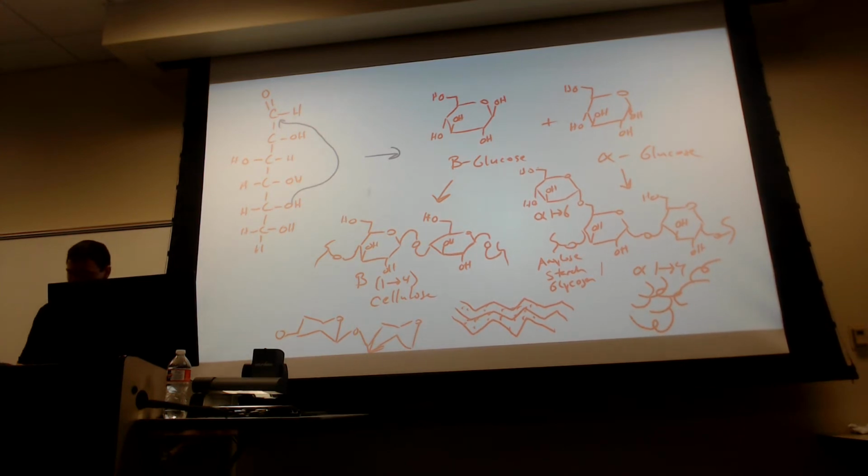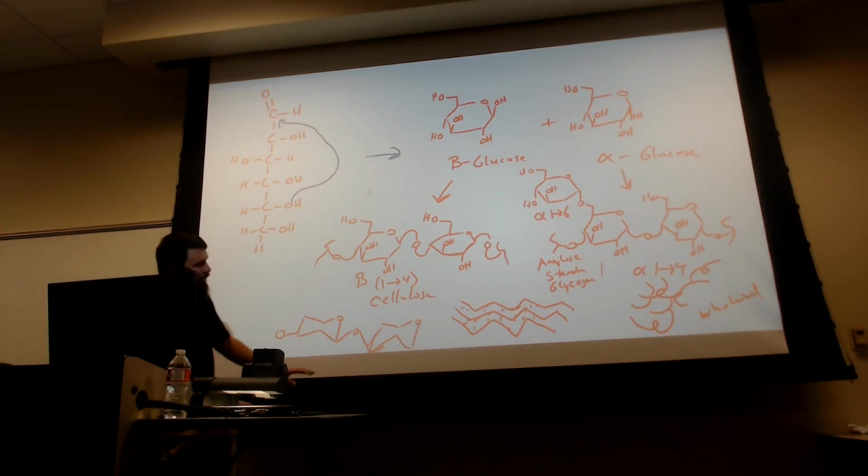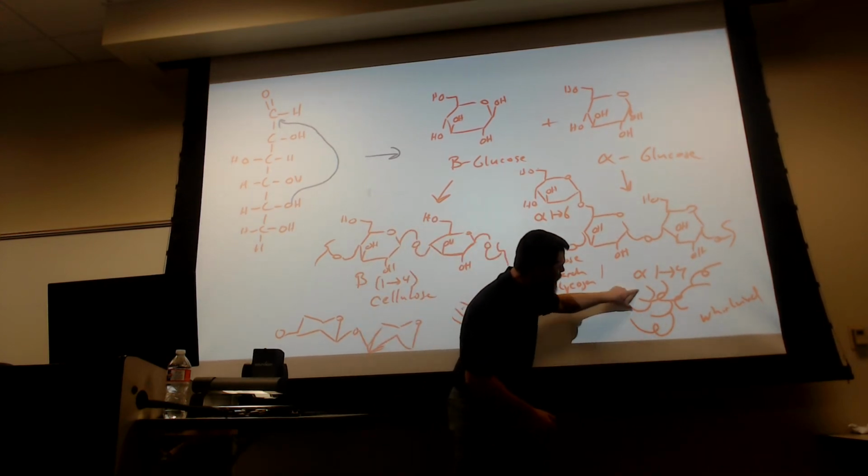And we call it a whirlwind structure, okay? And that's kind of what's going on here. If we think about it schematically, these are forming chairs, and these are forming helical structures.